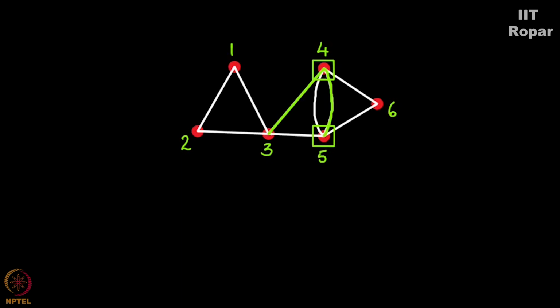I'm taking this edge here, 4 to 5, 5 to 6, 6 to 4. You see, there is one more edge remaining from 4 to 5. I'll take that route now. 6 to 4 is done, 4 to 5, 5 to 3. Now it becomes easy, 3, 2, 2, 1 and 1, 3. This graph is also Eulerian.